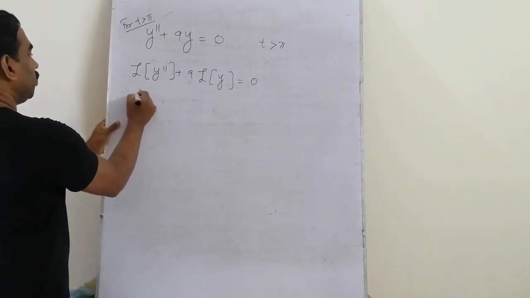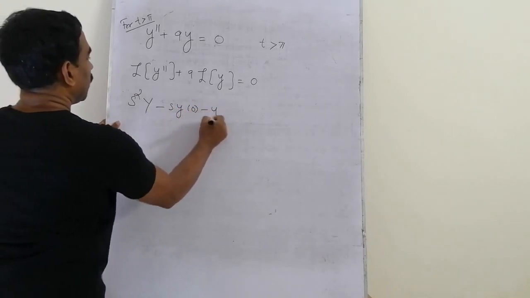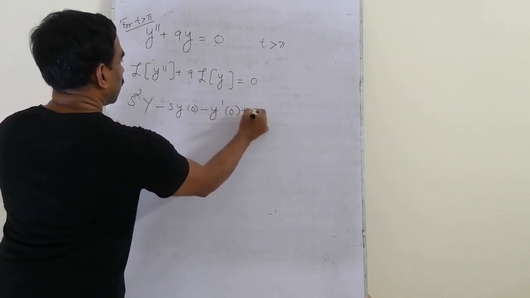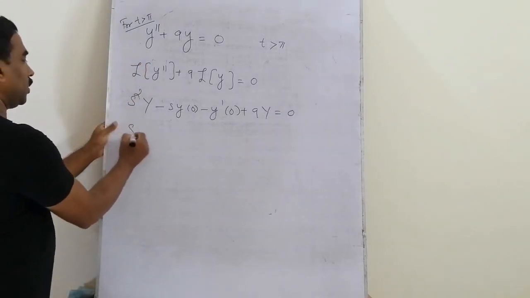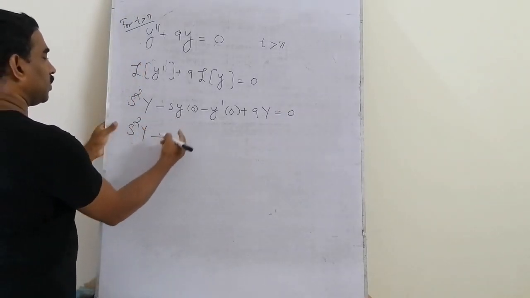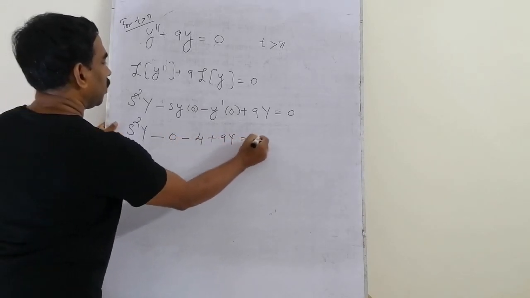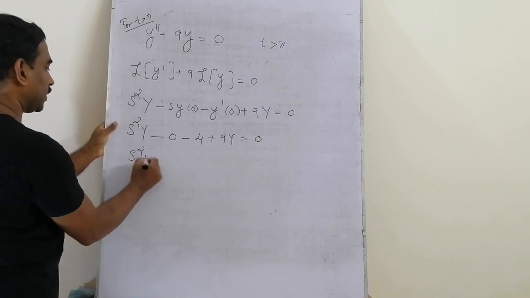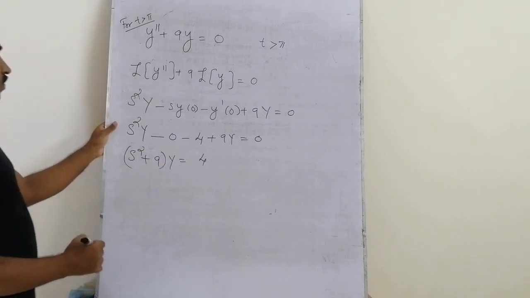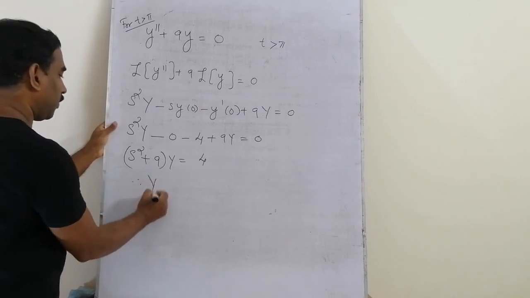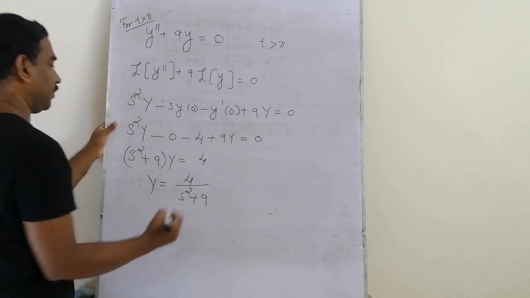That is s square into L of y, capital Y, minus s into y of 0 minus y dash 0, plus 9 into L of y, that is equal to 0. That is s square Y, y of 0 is 0, minus y dash 0 is 4, plus 9Y equal to 0. That is s square plus 9 into capital Y is equal to 4. Therefore, capital Y is equal to 4 by s square plus 9.